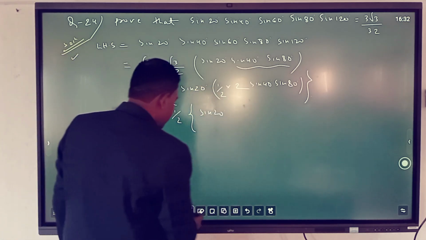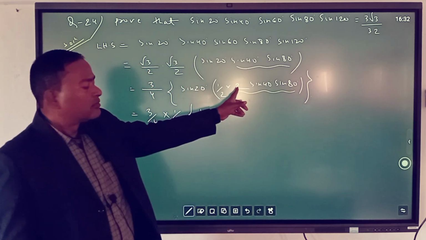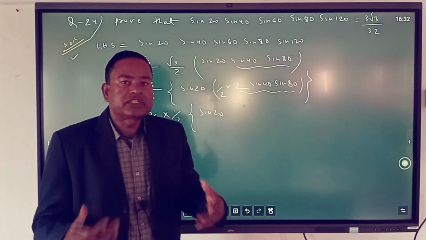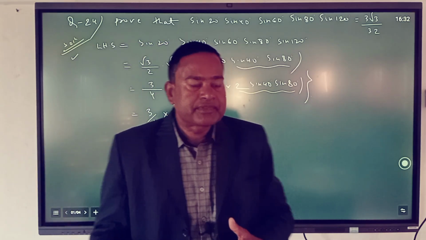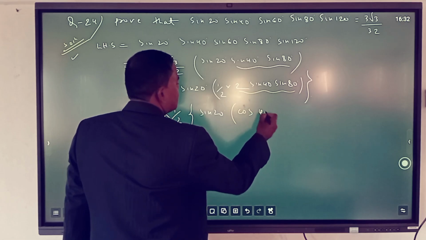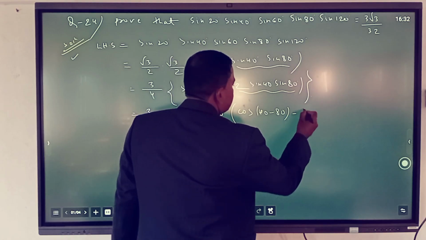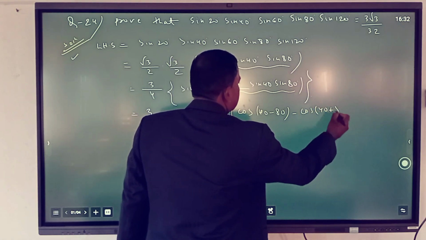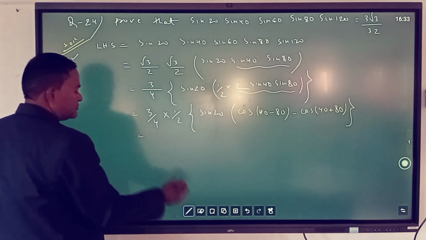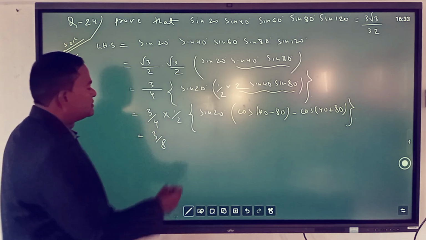Now 2 sin A into sin B. By the transformation formula, we know that 2 sin A into sin B is equal to cos A minus B minus cos A plus B. Now 4 into 2 is 8.